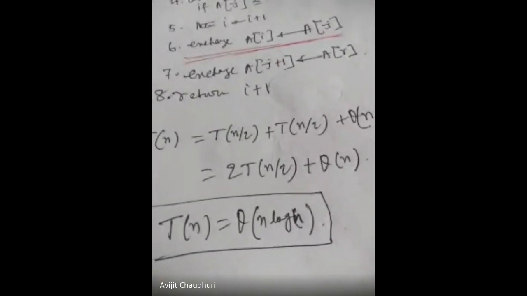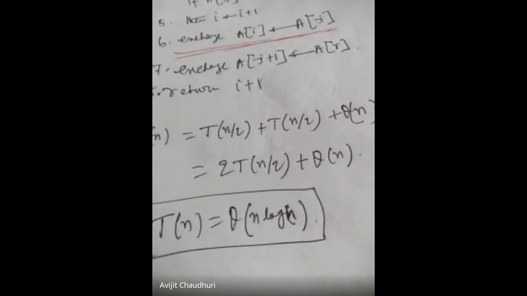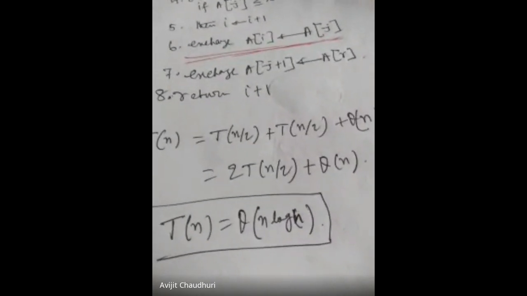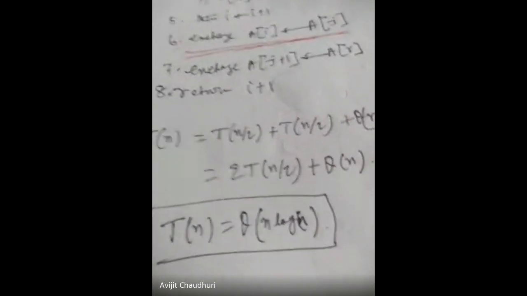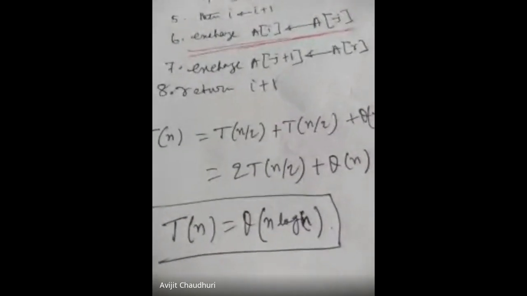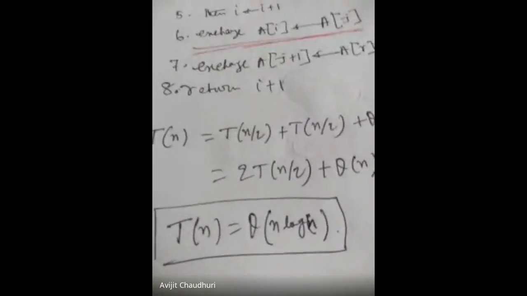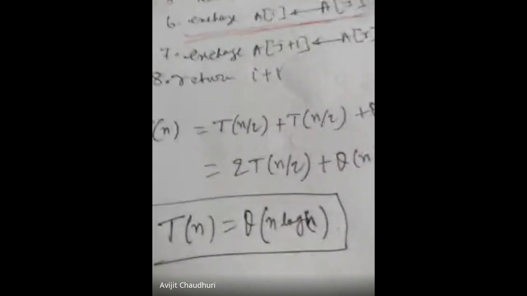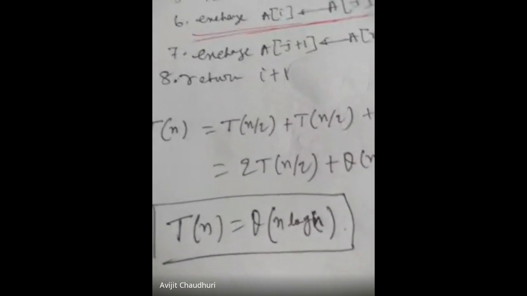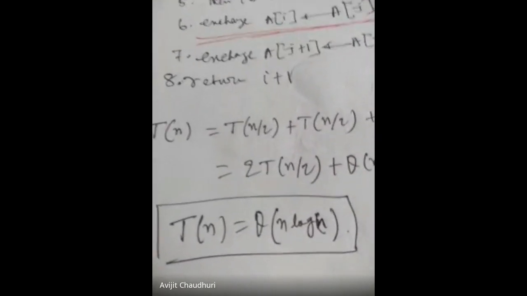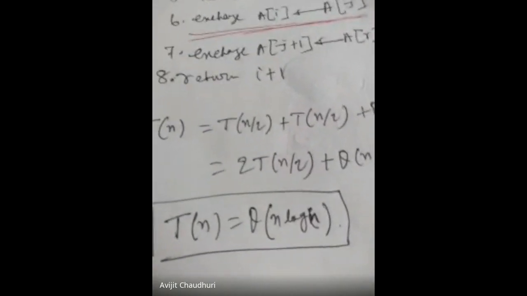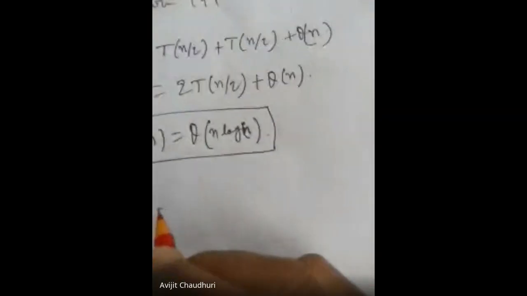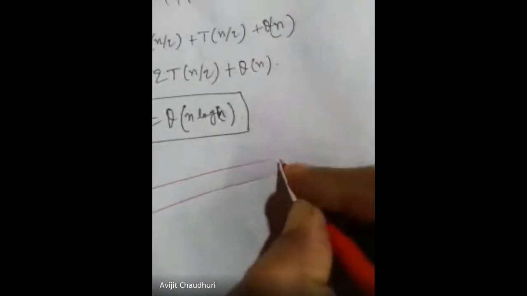Why? Because in the worst case, the array will be in reverse sorted order. So in that case, what will be the situation? Everywhere the swapping will be there in every position, isn't it? Because this is reversely sorted. Just take one example.